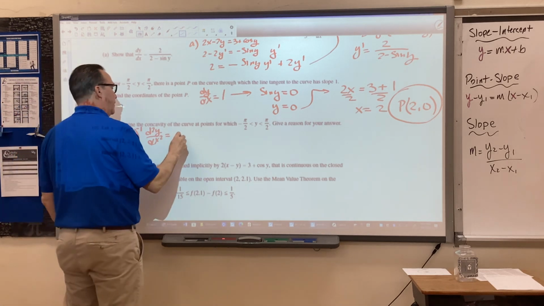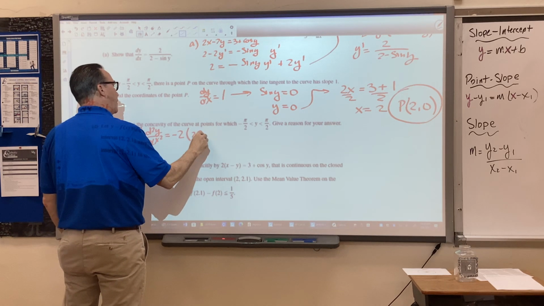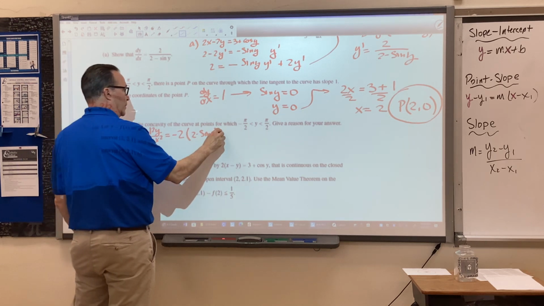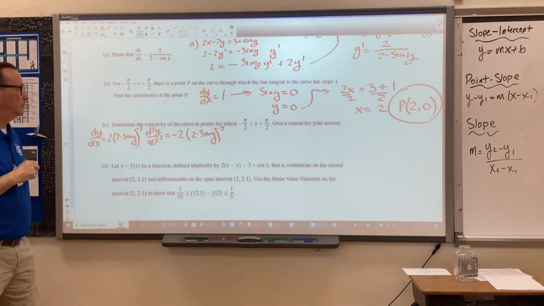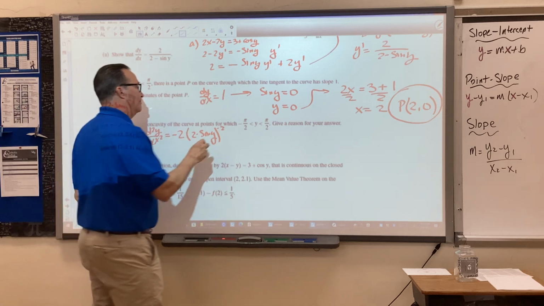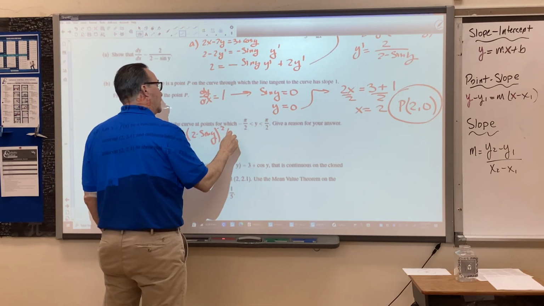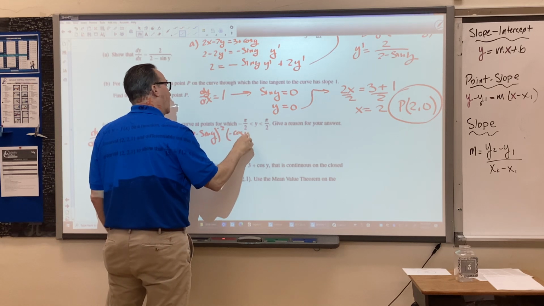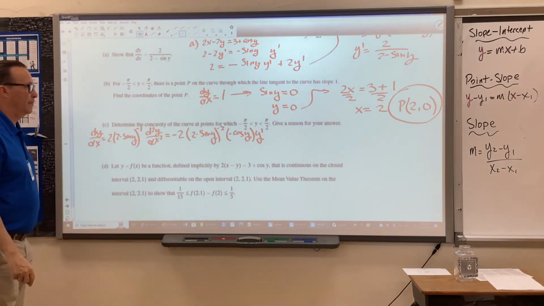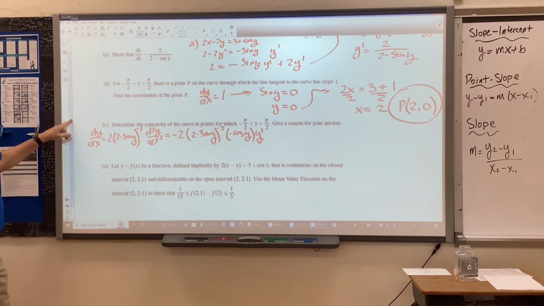So it's -2, the -2 power, times the derivative of what's inside. Derivative of negative sine is negative cosine of y and y prime. Y prime is this. Gosh, it's a mess.